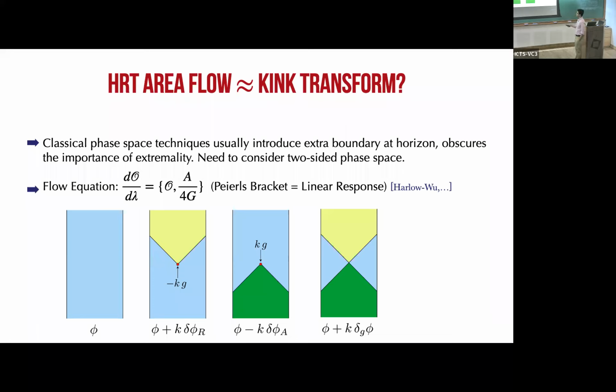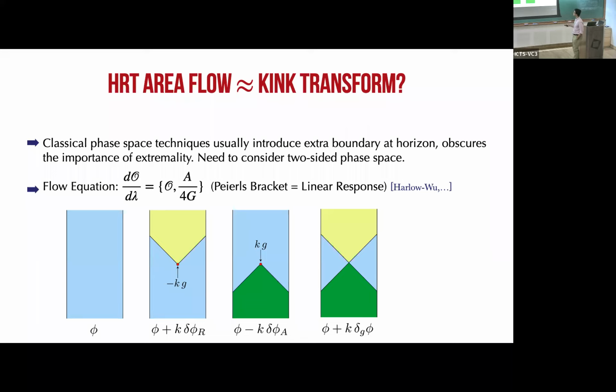So in that context, what we want to do is now consider the flow of any observable O under this flow, which is generated by the bracket with A/4G. So this is just the classical analog of the flow equation for the modular flow once we've approximated it by the area flow. And in order to compute this, you essentially can use this Peierls bracket technique that was talked about in this paper.